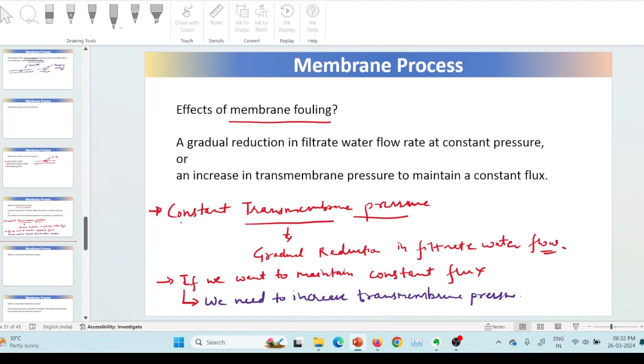So for constant head condition, we should apply constant head. The water depth above the filter bed is maintained constant, but with time what we observe is our flow rate or discharge coming out of the filtration bed decreases, because as the filtration process proceeds, the particulate matter will get accumulated over and under the filter media, and because of that, the head loss increases because more surface area will cause more head loss to occur.